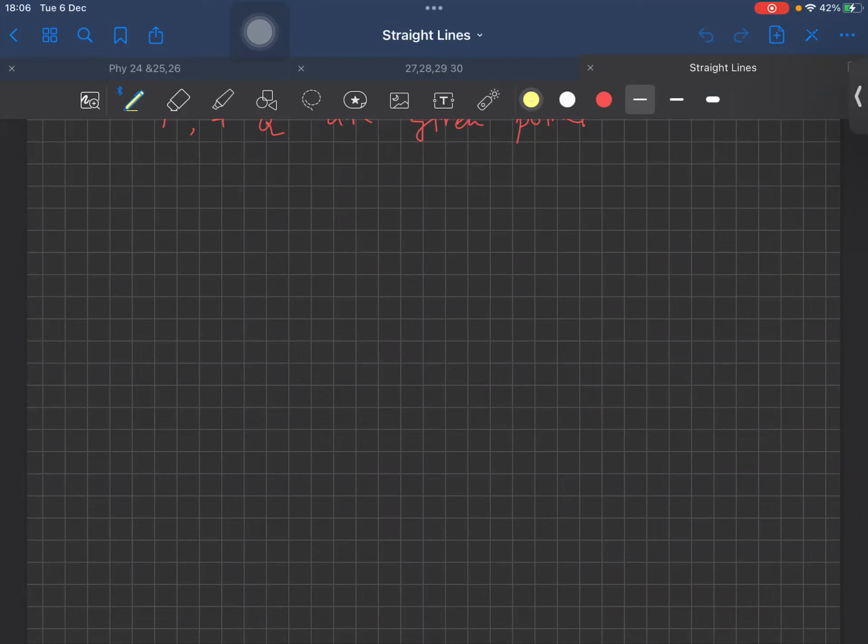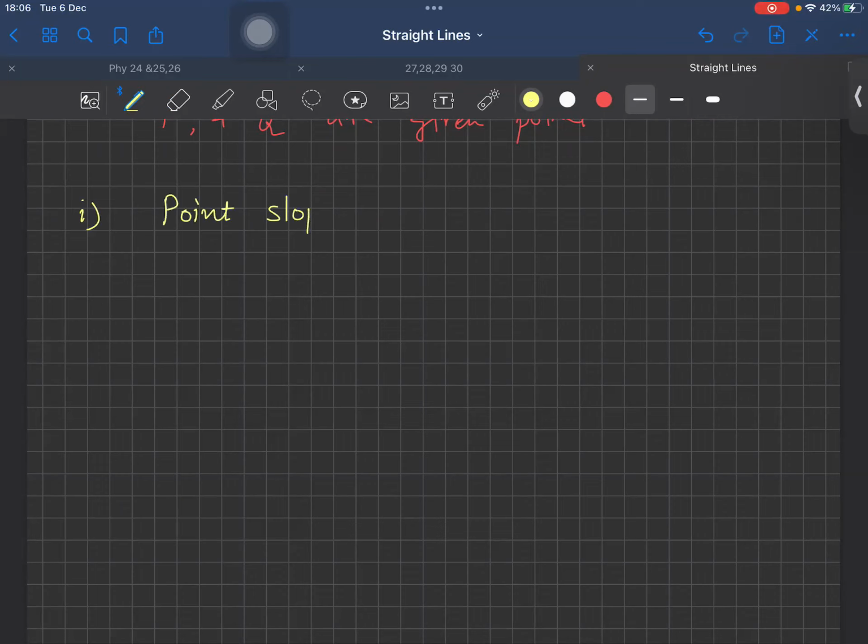Whatever form of equation of line it is, it will always be y is equal to mx plus c. Anyway, tell me what form we have studied so far. The first one was point slope form.